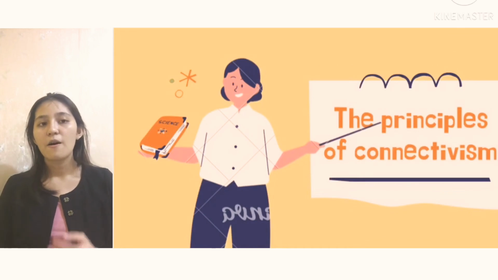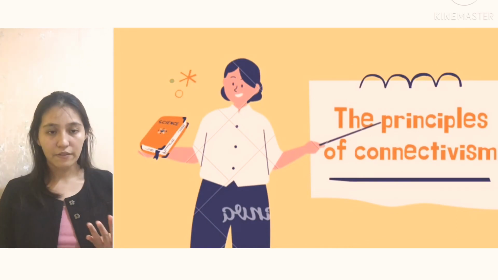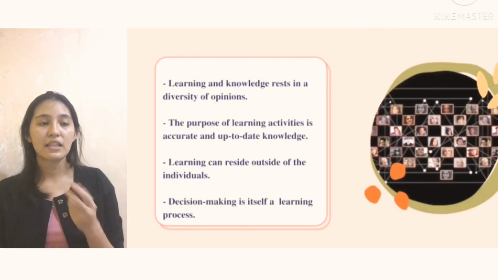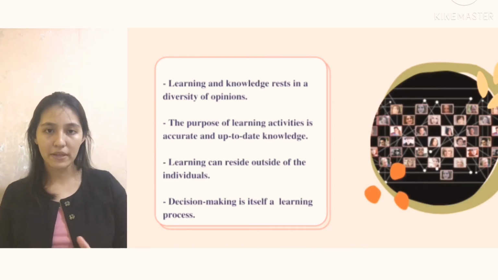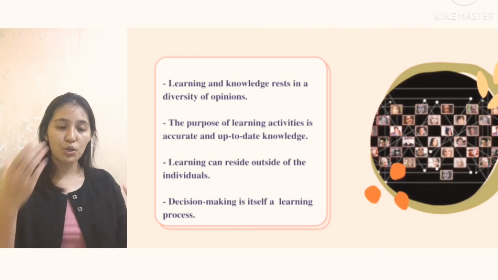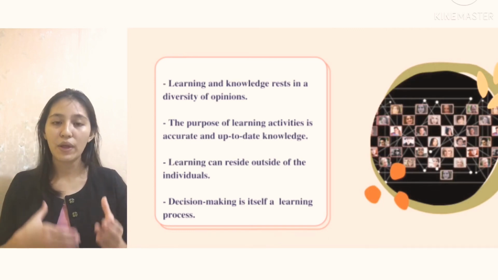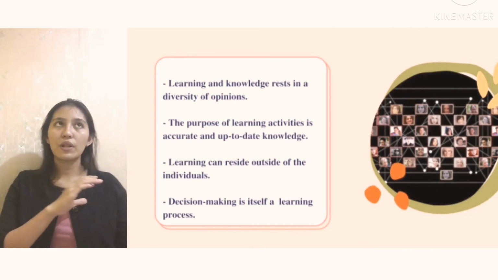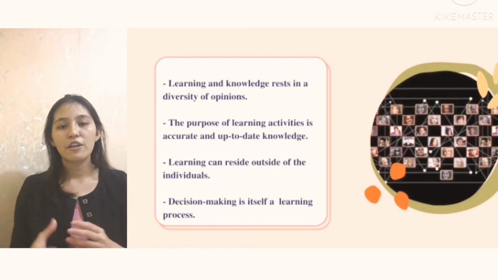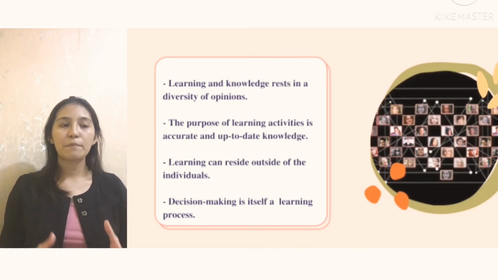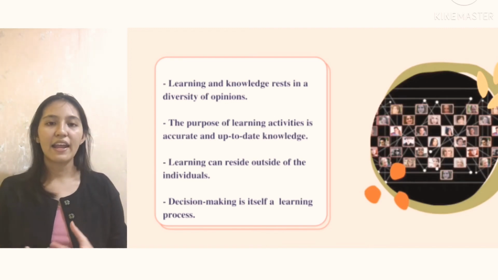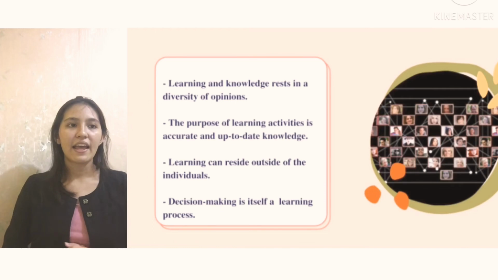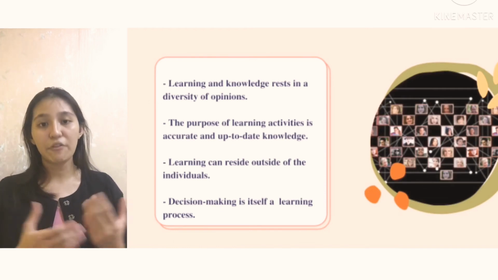There are four principles of connectivism. The first is that learning and knowledge rest on a diversity of opinions. When you use social media, there are a lot of different opinions and unique perspectives, because others can share freely and you can learn from them, so it creates diversity.